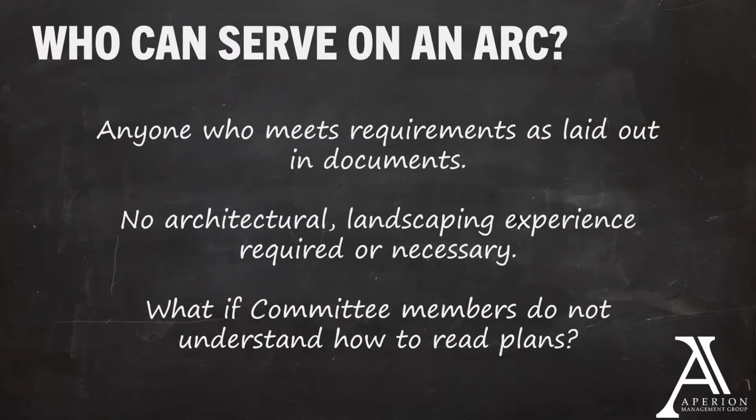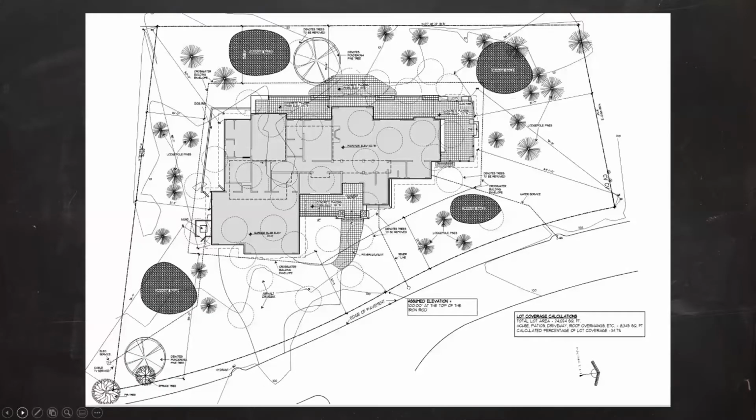We're going to get to a few more points in the final thoughts about good things that an ARC committee member may have. So that comes down to, well, I've got my ARC, but what if the committee members don't understand how to read architectural plans? This is a diagram of a site plan for a new home construction in a community whose ARC I administer.